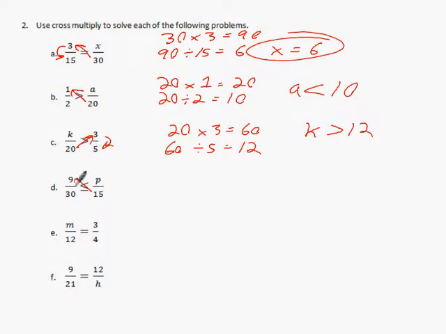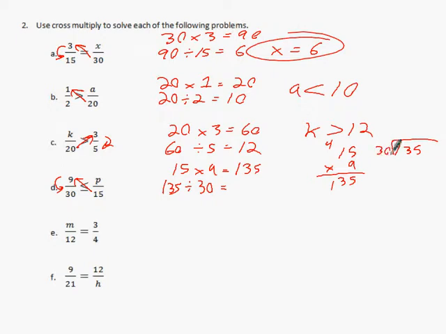Next one. 15 times 9 equals, let me use long multiplication. 15 times 9, 45, carry the 4, 135. 135 divided by 30 equals, once again, I don't know. 30 does not go into 1, does not go into 13, goes into 135 4 times, which is 120.